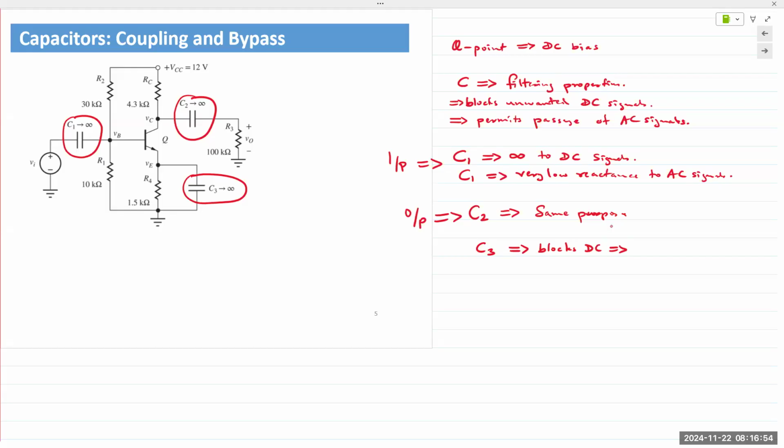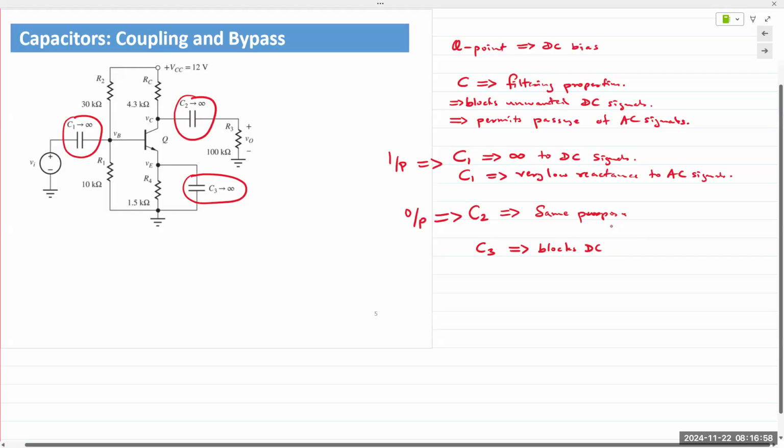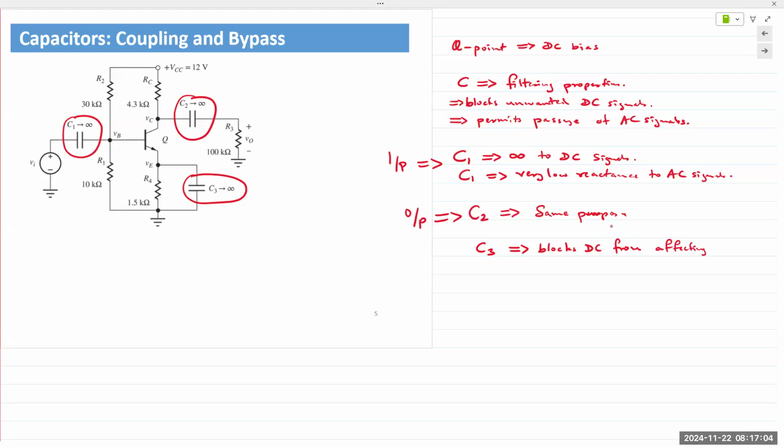So again, it blocks DC from affecting the bias point or the Q point.